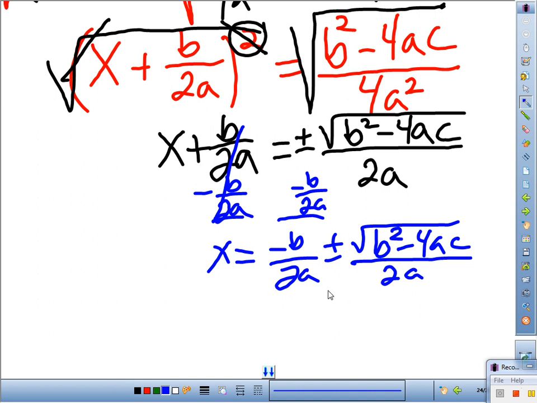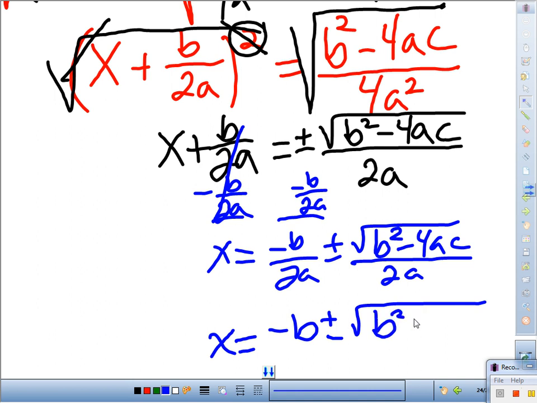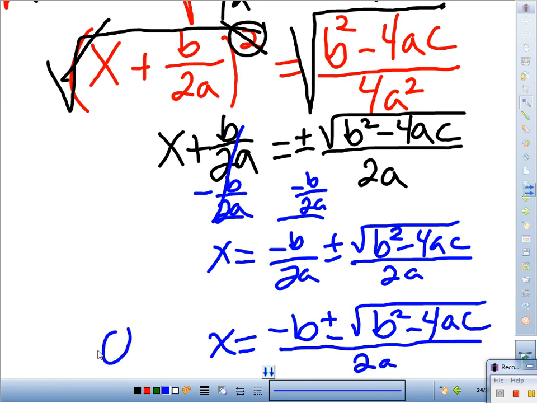Because I have a common denominator, is that correct? So what is my new equation? X equals negative b plus minus square root of b squared minus 4ac over 2a. This is my quadratic formula. Copy that, please. Let's go from the corner. Copy that, please. Go.